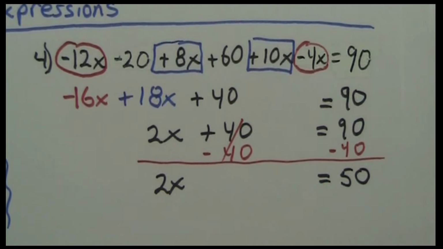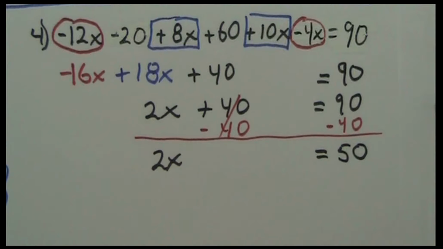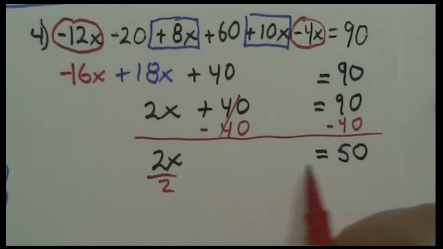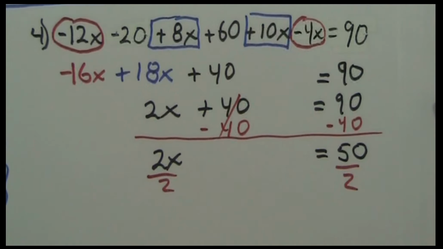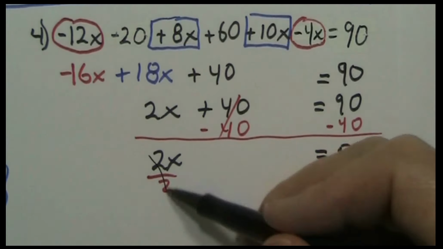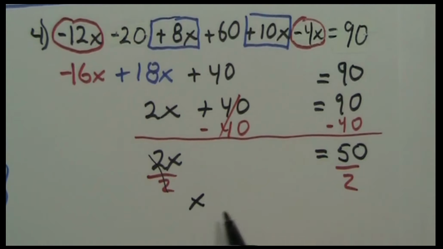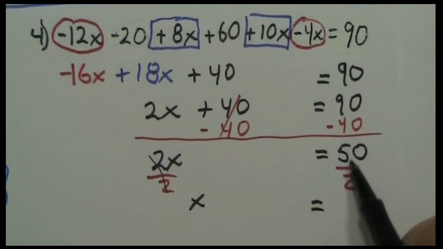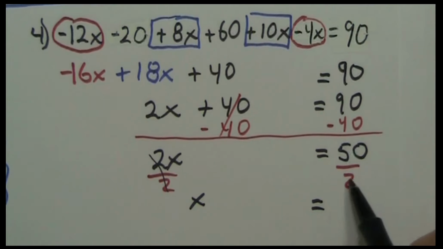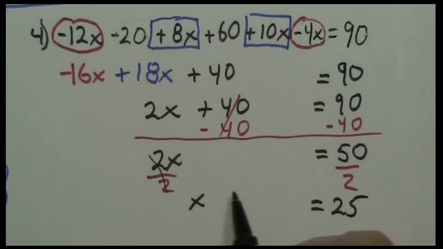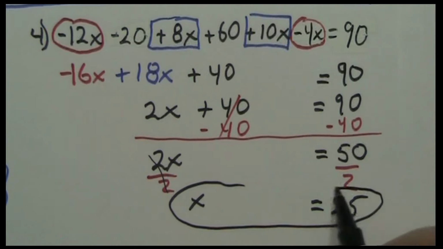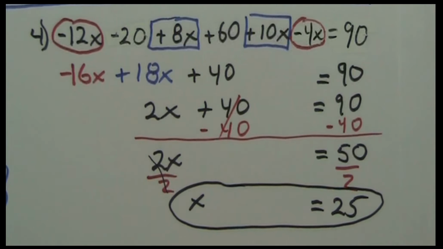And you should be able to see your answer right now, but in case you could not, you would just divide by 2, divide by 2. This is 0, and you're left with x equals half of 50, 50 divided by 2 is 25, and that is our answer. 25.